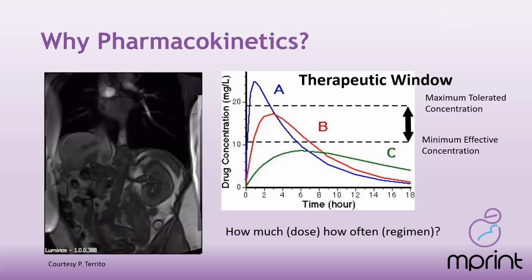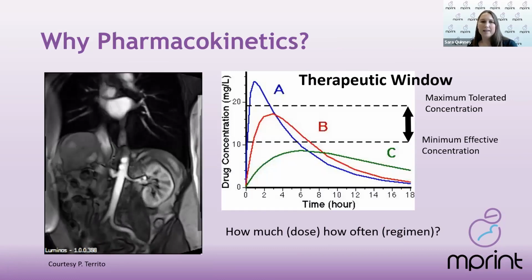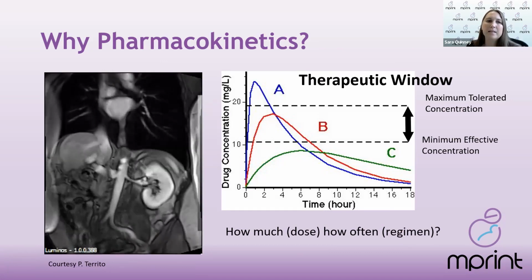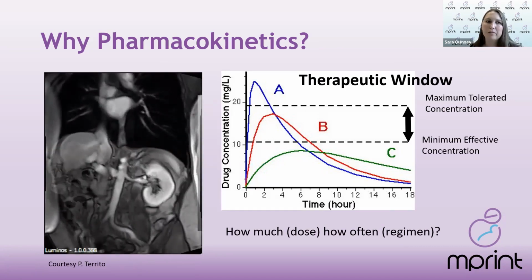So first, for those new to the area, I'm sure we have a wide audience here today. Why are we talking about pharmacokinetics and why is it important? Pharmacokinetics quantifies the movement of drug throughout the body.